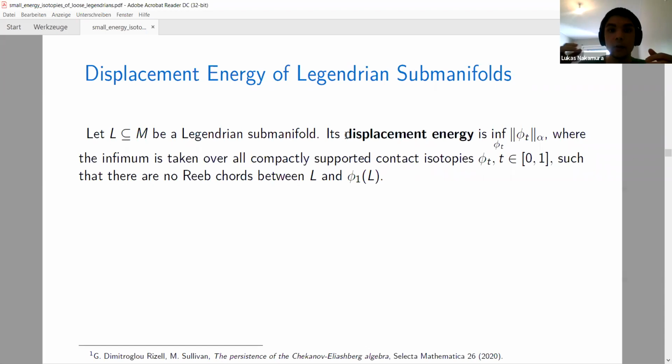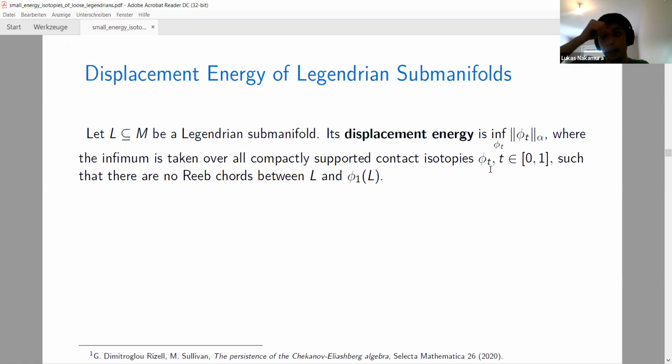And in this contact setting, displacement always means that there are no Reeb chords between the original Legendrian and the displaced version. Or maybe more precisely, it's the infimal energy that is required in order to somehow remove all of the Reeb chords.